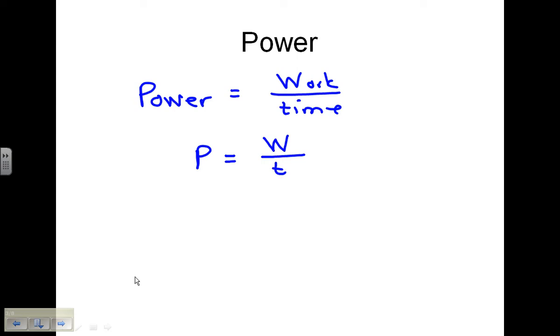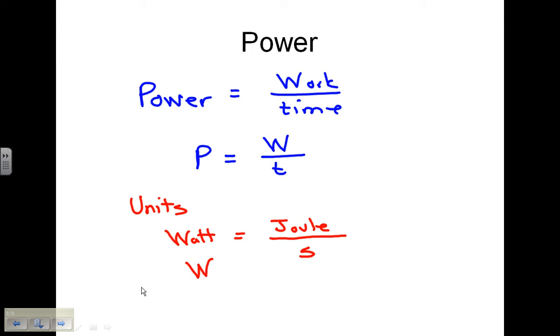Our units for power, well, first work is a joule, and time is in a second, and our power is called a watt, and that's a capital W, not to be confused with a capital W for work. And that's the rate at which you do work, is how much power there is.